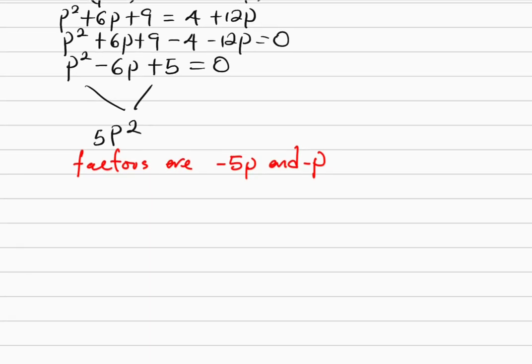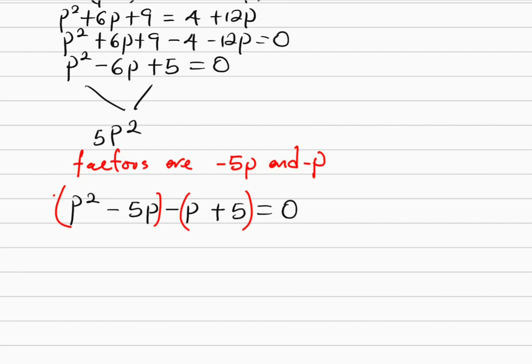We'll come back. We substitute for minus 6p so that we are going to have p squared minus 5p minus p plus 5 is equal to 0. And you know, the way we do it, you group it in twos so that you can factorize effectively.